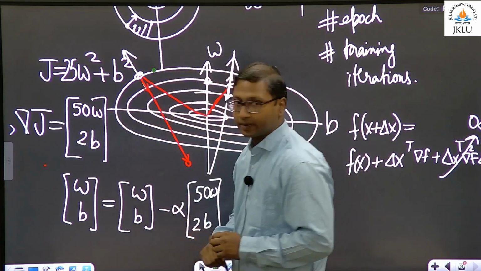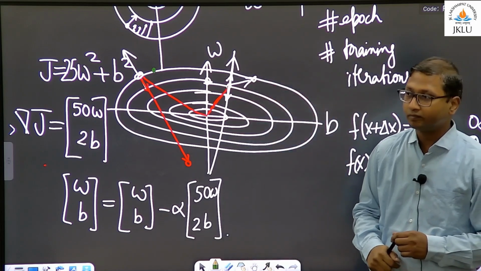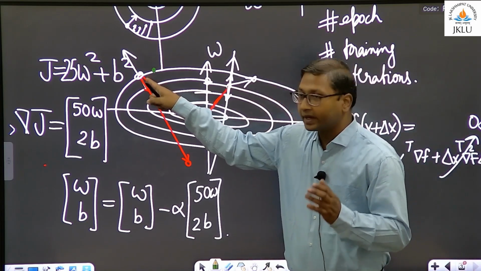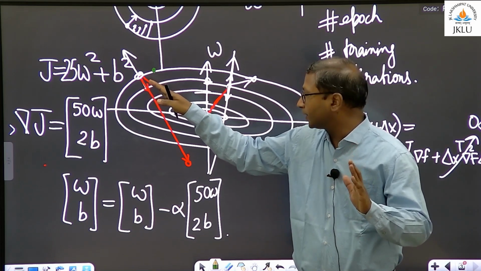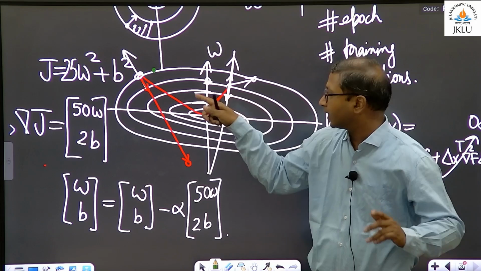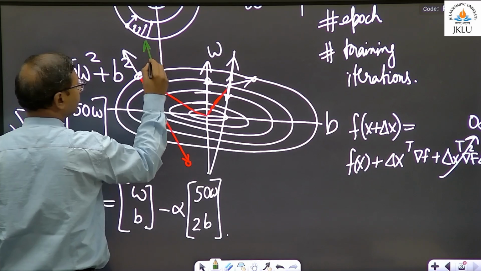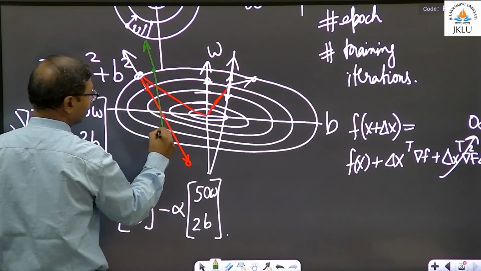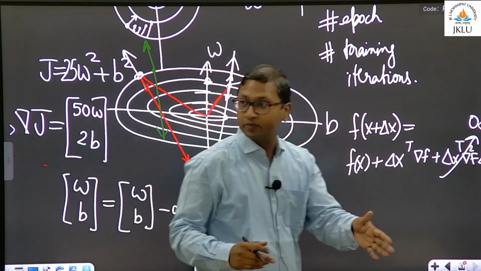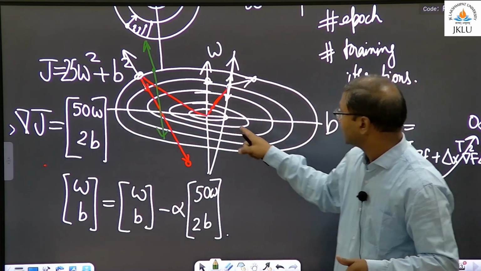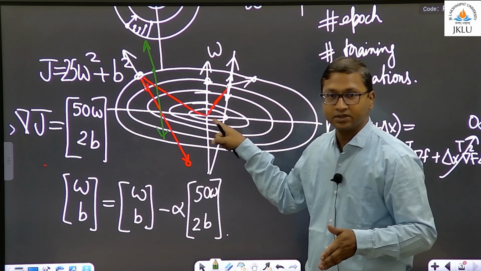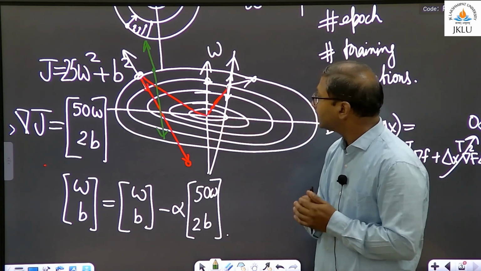In that case, what will happen? Right now, I had a little bit more component towards the minima. Now, if you are here, this is your gradient and this is the negative of gradient. You are further off from the minima in some sense, right? How do we take care of this problem?